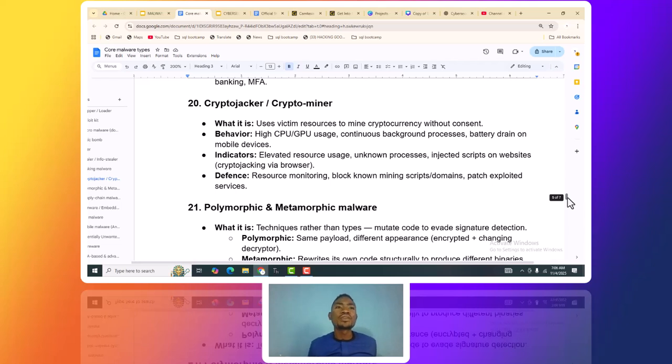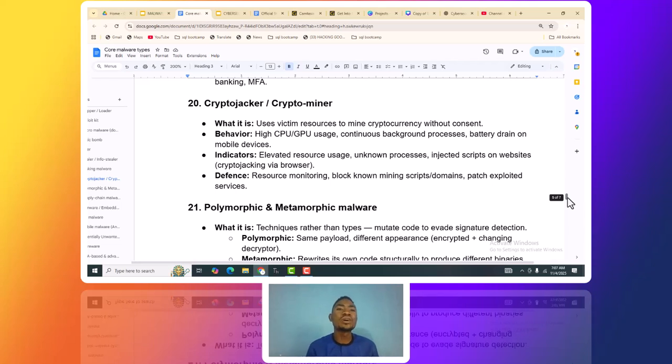Cryptojackers use built-in resources to mine cryptocurrency without the consent of the real miner. One of the behaviors that show there are cryptojackers in our system is high CPU or GPU usage, continuous background processes, and battery drainage on mobile devices.